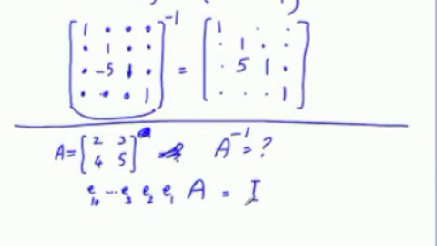So we can just keep applying these elementary operations until finally what is left of the matrix is just an identity matrix. What is so great about such an achievement?